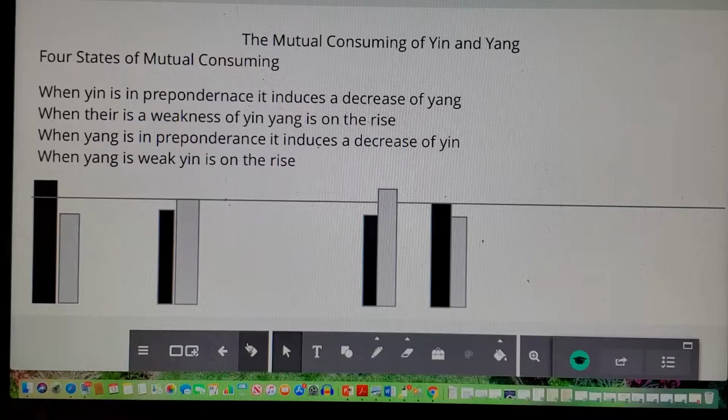So this is a diagram of what it looks like when yin is in preponderance. So this is this diagram over here. There's a decrease of yang. So like this line is like a homeostatic balance in your life, right?